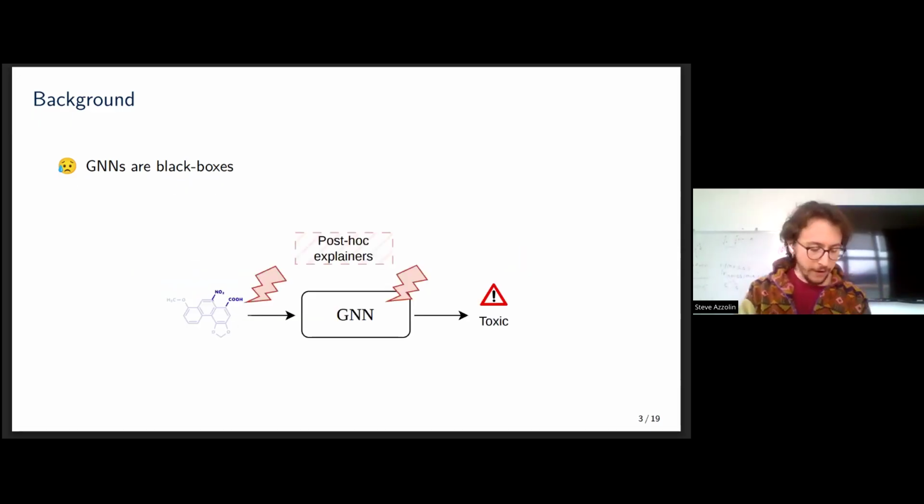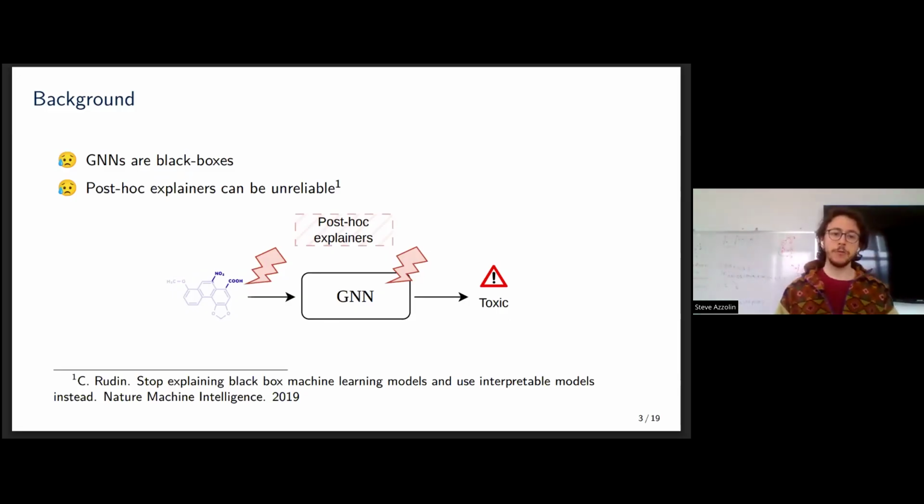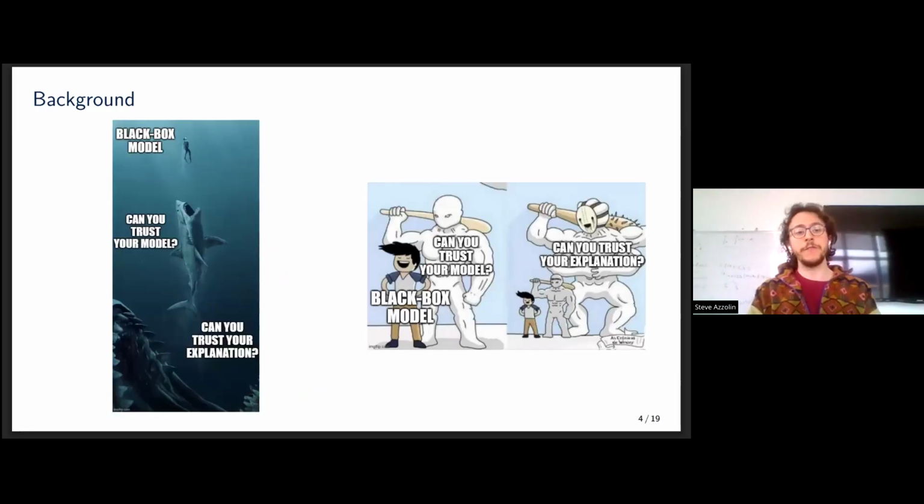And I think that I won't surprise you either if I tell you that people have been proposing techniques to overcome these limitations, such as post-hoc explainers that work by taking a trained GNN and producing an explanation post-hoc. Clearly, this comes with limitations, and it has been shown that post-hoc explainers can be unreliable, meaning that we are basically shifting the question from can you trust your model to can you actually trust your explanation, which is not necessarily a simpler question to answer.